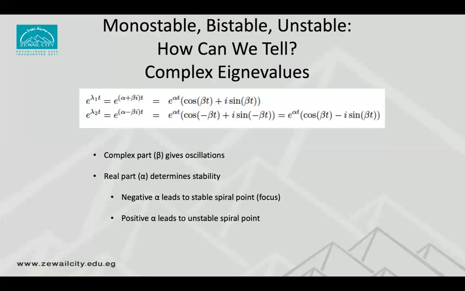If alpha is negative, then the amplitude of the oscillations will decay, and we'll have a spiraling in behavior. If alpha is positive, we'll have a spiraling out behavior, because the amplitude of the oscillations is getting larger. And the sign of beta will determine the direction of the oscillations.